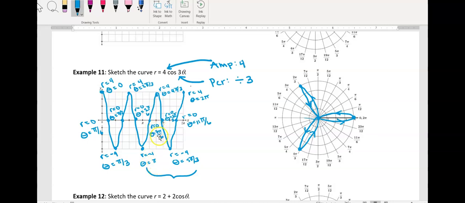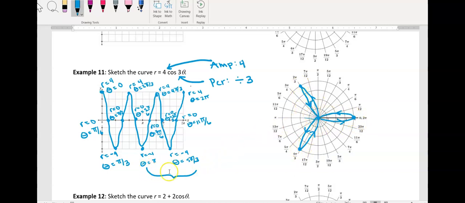If I were to go to 7 pi over 6, which would be the next point, 7 pi over 6 is right here, it would bring us right back to 0, to our origin. And then after 7 pi over 6, it'd take us back to a radius of 4 at 4 pi over 3. So 4 pi over 3 is right out here. Notice that it's taking us right back to where we've already been. So it's just going to retrace its steps, so to speak.